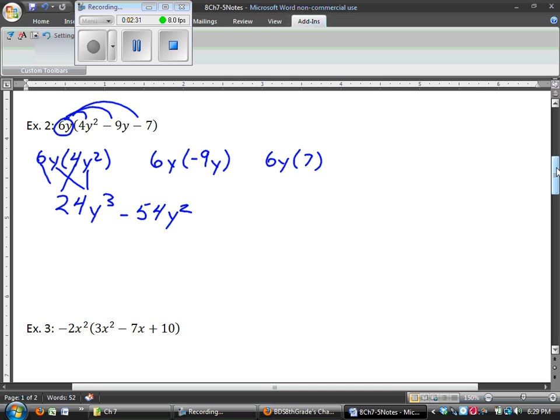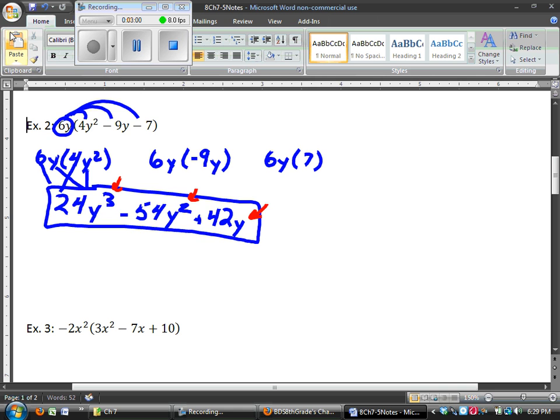Then I have 6y times 7 to get a positive 42y. Okay? And there's our final answer. You can see the exponents still go in descending order. 3, 2, 1. Okay? And all my like terms are combined. I have y cubed, y squared, and y. So there's nothing else that I can add or subtract together.